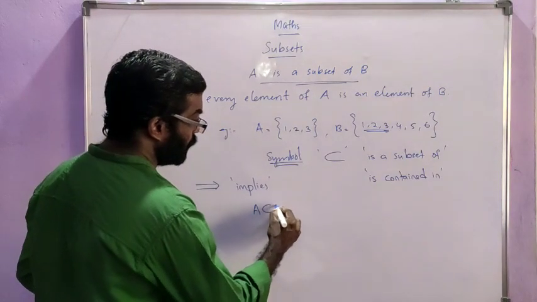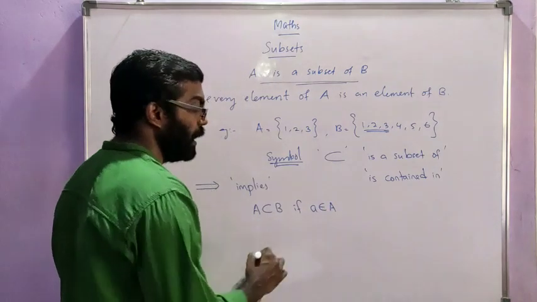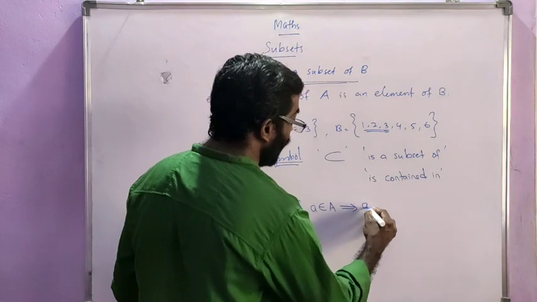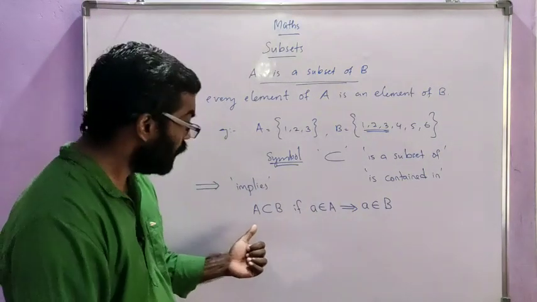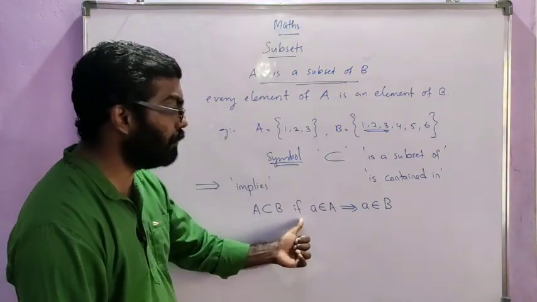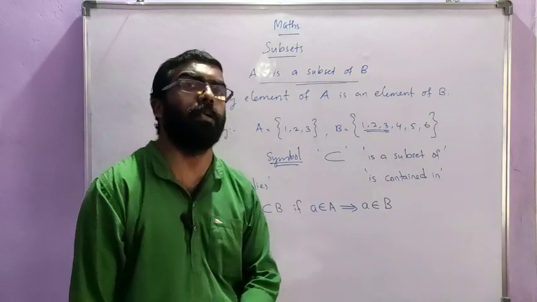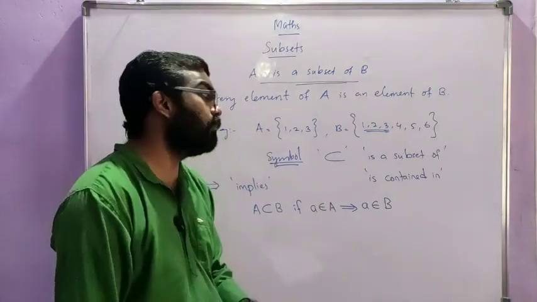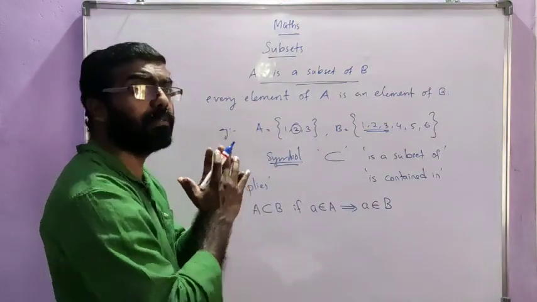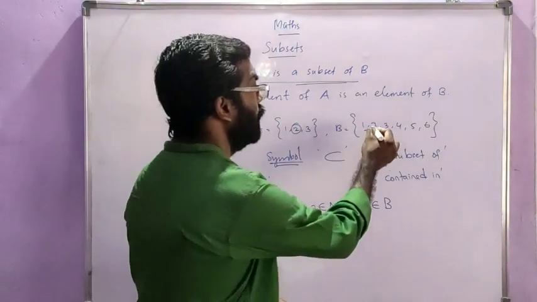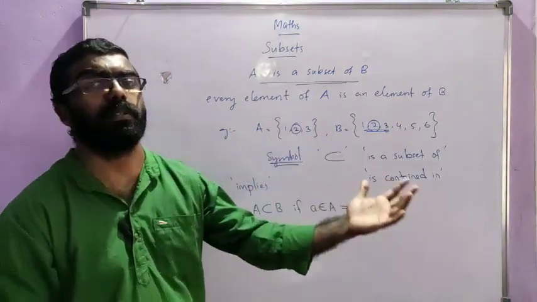A is a subset of B if a belongs to A implies a belongs to B. We can read the statement as: A is a subset of B if a is an element of A implies that a is an element of B. That means if we randomly pick an element from A, let it be 2, we have to check whether the element belongs to the set B. Here the number 2 belongs to B, so we can say A is a subset of B.